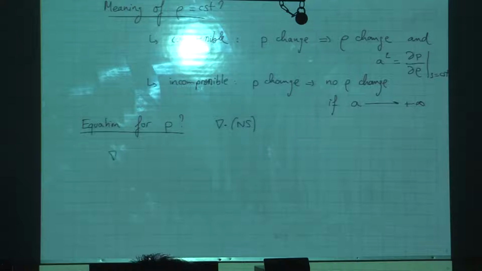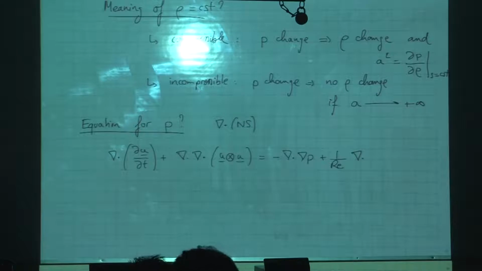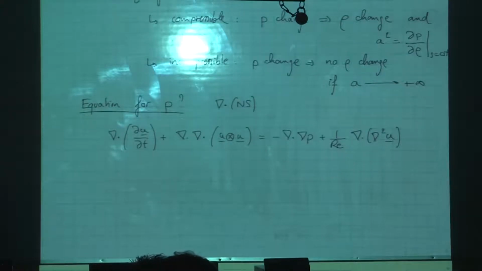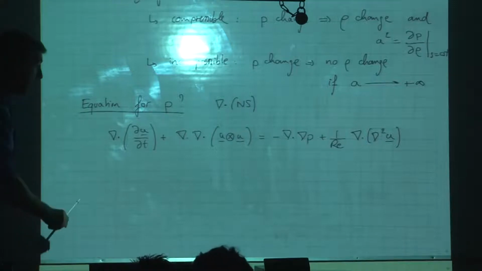So the divergence of the time derivative, plus divergence of u dyadic u, plus the divergence of grad P. Nothing particularly exciting so far, except remember we're assuming that the divergence of u is 0.